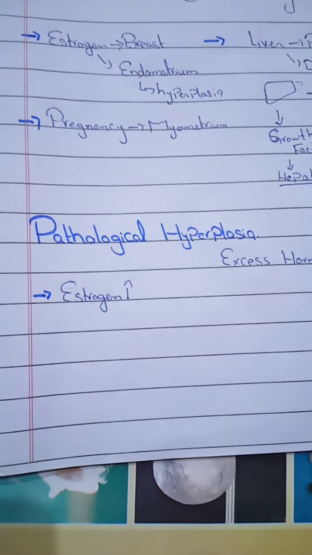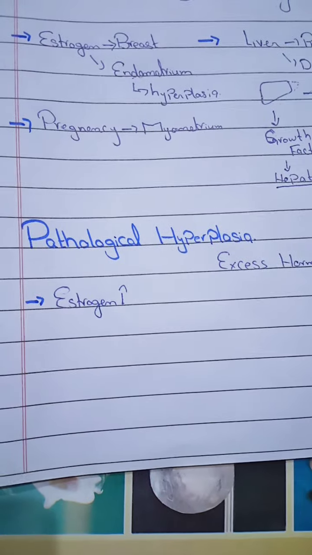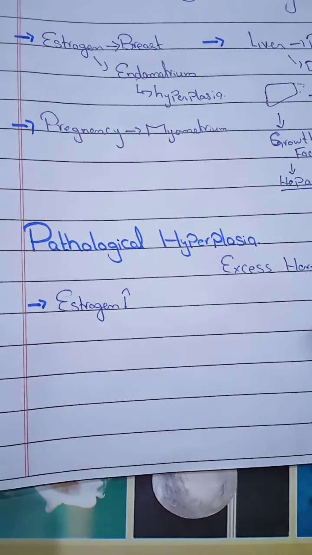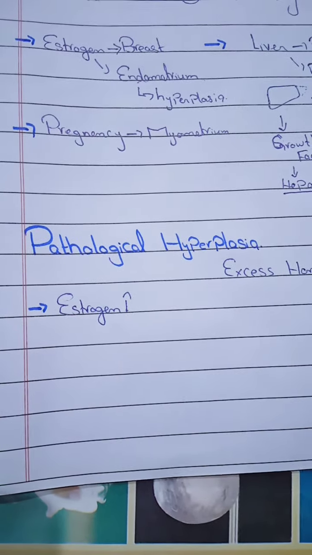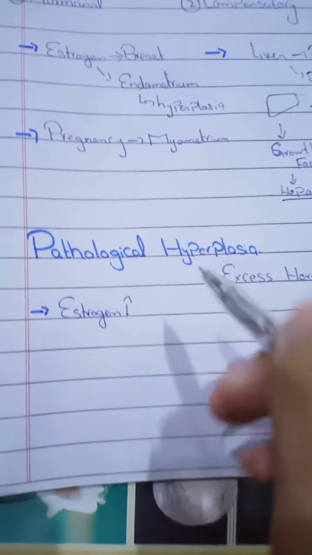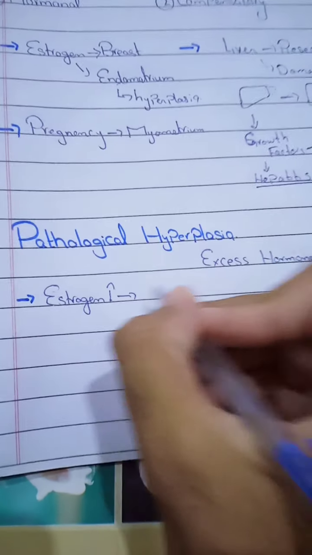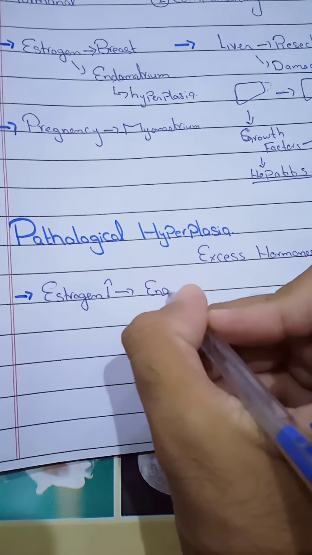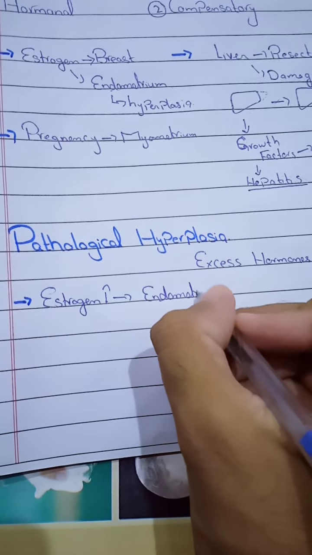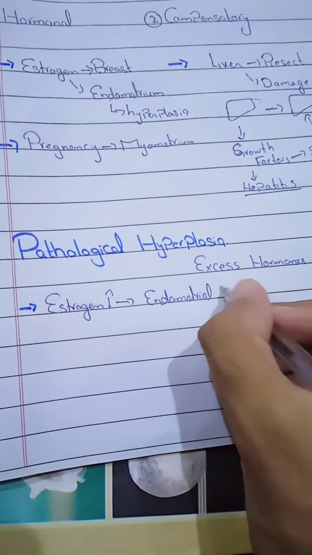But in the first 14 days the estrogen level increases, then it declines. But when there is any kind of pathological disease or state which increases the estrogen level, then there is endometrial hyperplasia.